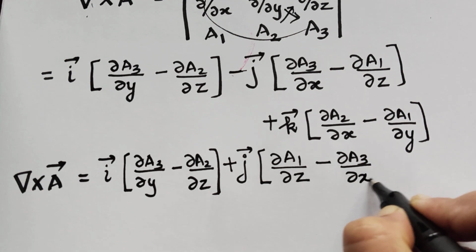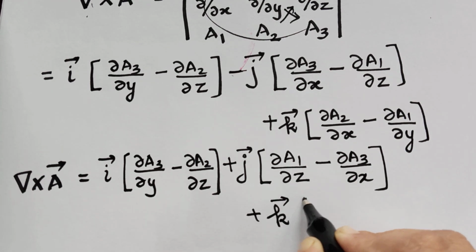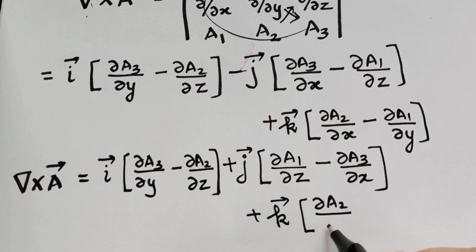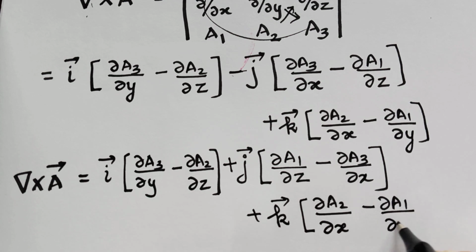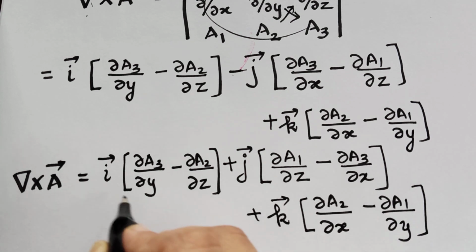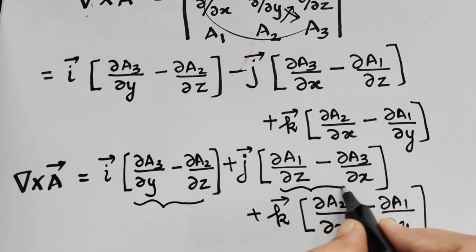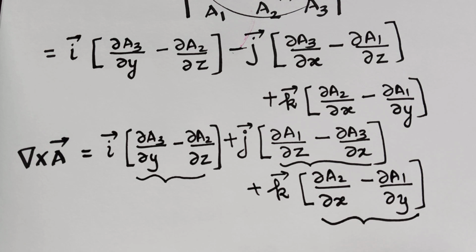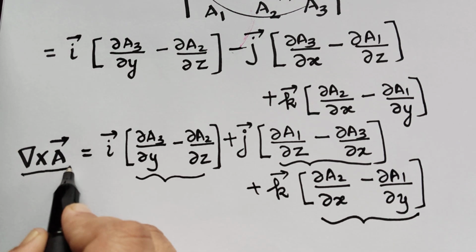And then for k vector it will be the same, that is k vector multiplied with dou a2 by dou x minus dou a1 by dou y. Now these become the components of i vector, j vector and k vector. Having these components, now we are going to find nabla cross of this vector.